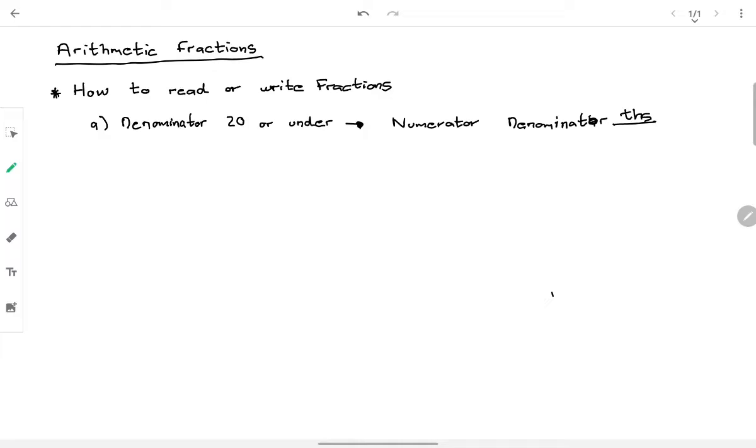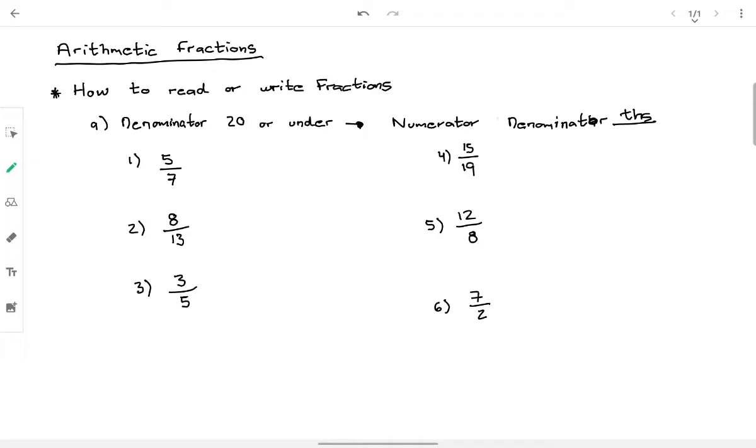What does it mean? Let's see some examples in order to be more clear. Number 1, we have a 5 and a 7. So the rule tells me to say numerator, so 5, and denominator with the ending THS, 5 sevenths. So it's easy. Number 2, it's 8 thirteenths.